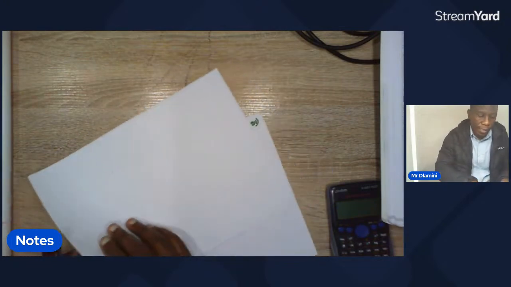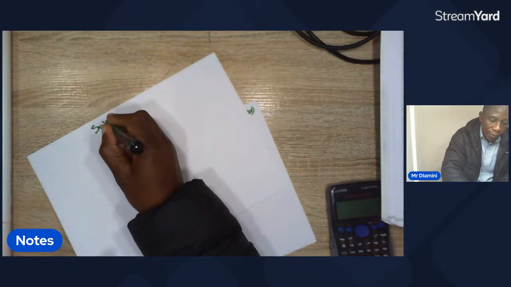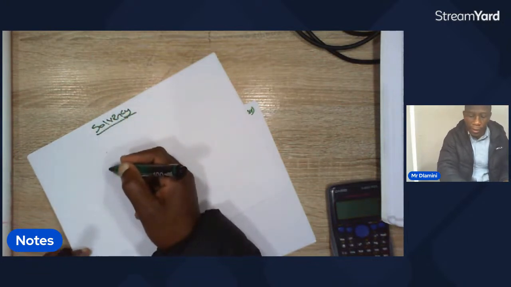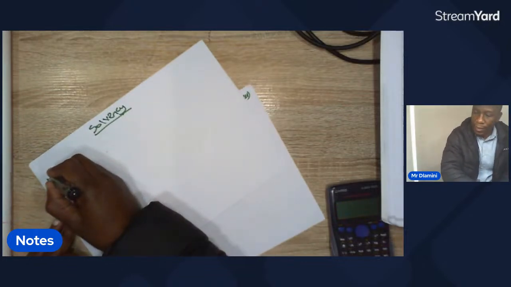Okay, let's go to another group. Solvency, which is the opposite of liquidity. The formula is net solvency, non-current liability.